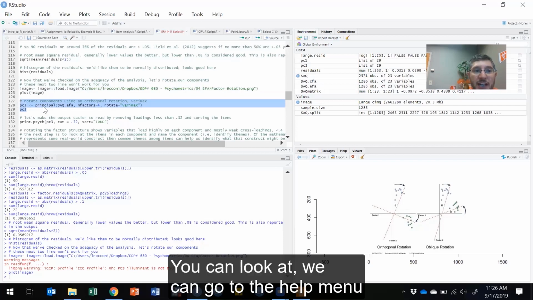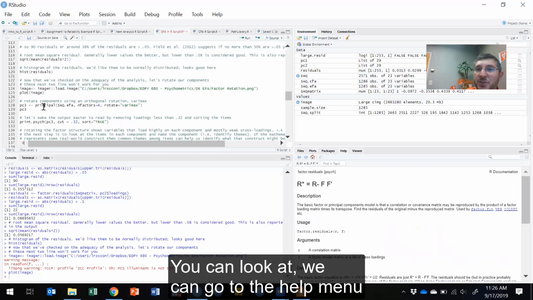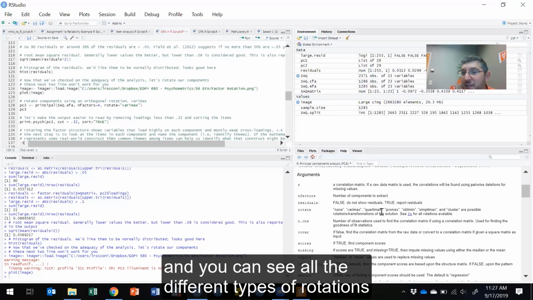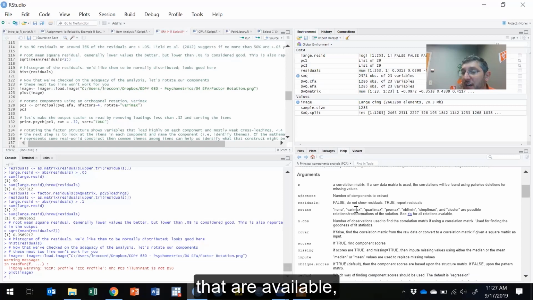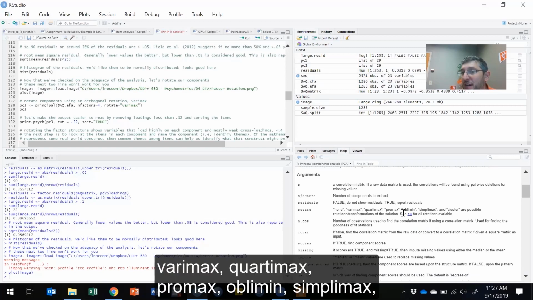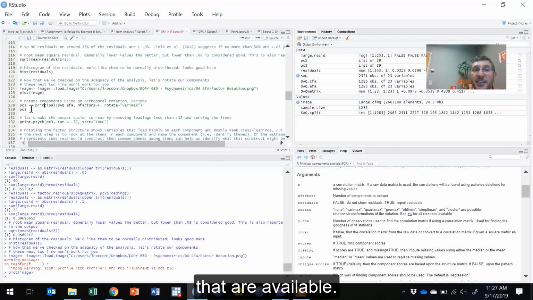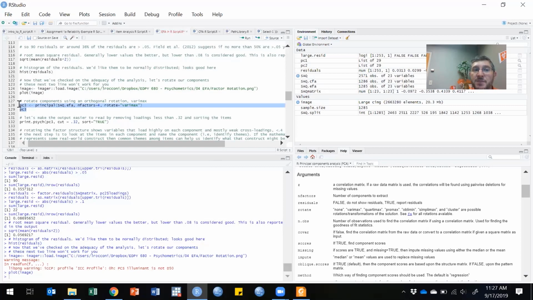We can go to the help menu and you can see all the different types of rotations that are available: Varimax, Quartimax, Promax, Oblimin, Simplimax.